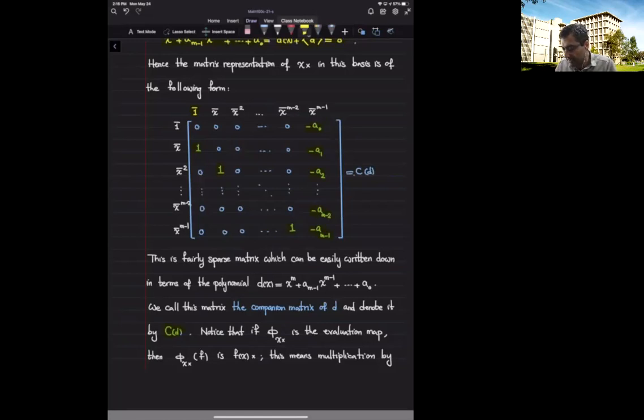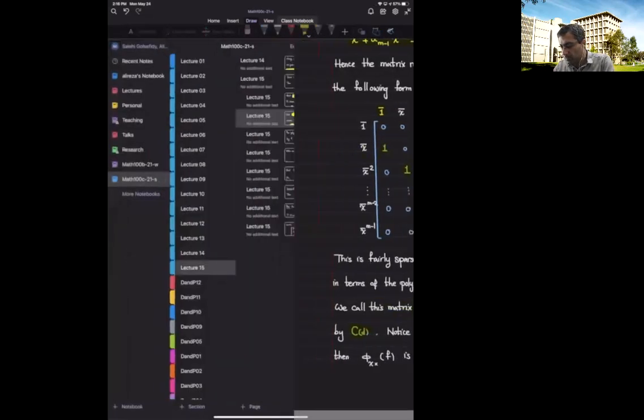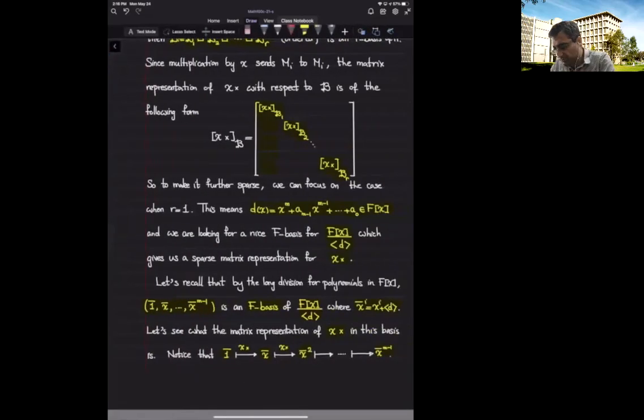So altogether, we deduce that, if I go back over here, we started with this vector space.